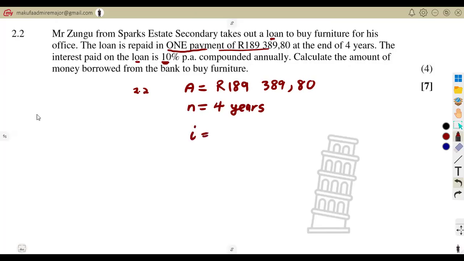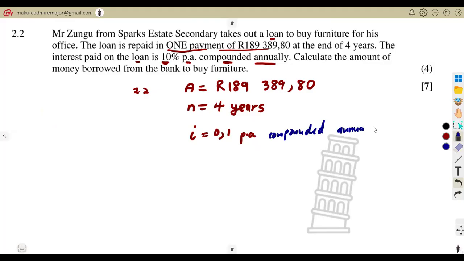So if you divide that by 100, remember, as a decimal, it was going to give us 0.1 per annum, which is true, but being compounded annually, compounded yearly. Remember the issue of compounding, compound interest.